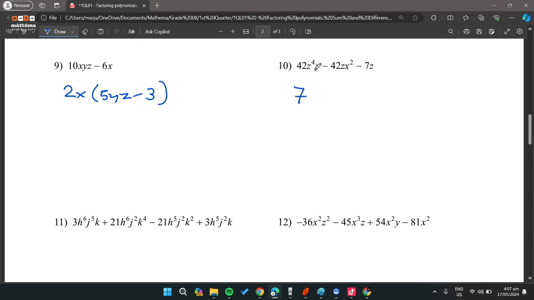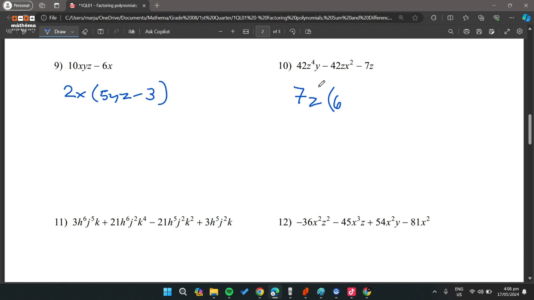And then look at the variables now. We have zy, zx, and then we have z. So, what is common? We only have z. Alright, easy stuff. And then we factor out 42 divided by 7, that is just 6. And then z to the 4th minus 1, that will become z.